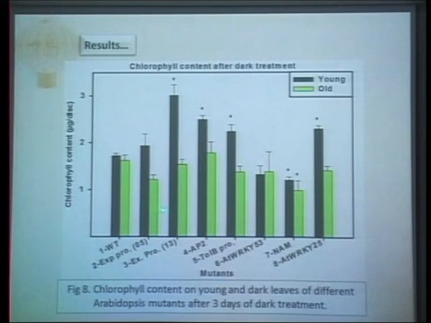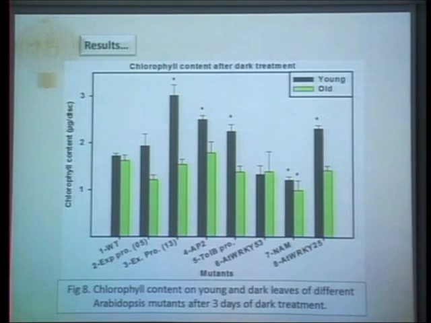But when we compare the mutants with wild type, expressed protein 13, AP2 transcription factor, TOL-B, and ROCK25 all have higher chlorophyll content in their younger leaves, which indicates that when these genes and transcription factors are expressed themselves, we will have a reduced level of chlorophyll content.